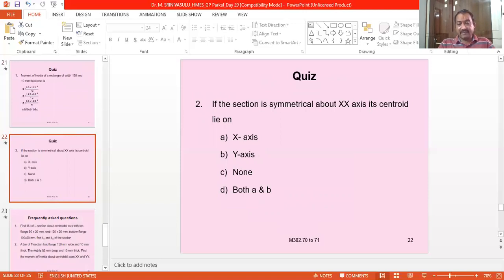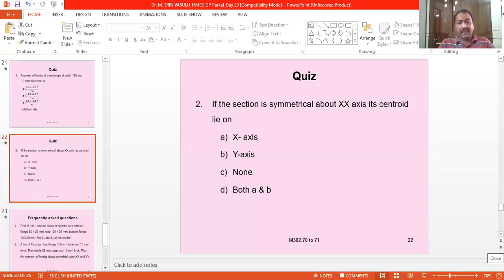The second question: if the section is symmetrical about x axis, then its centroid lies on. If a section is symmetrical about the x axis, then the centroid will lie on the same axis. So for any figure, if it is symmetrical about any axis, the centroid will be lying on that axis only.